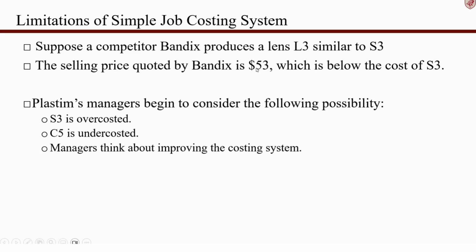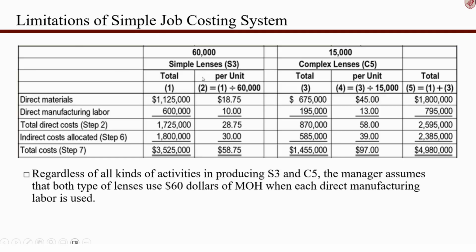And of course, from Plaston Corporation's perspective, they cannot charge customers below $58.75, otherwise they will lose profits. So they have to impose a price that is, at the minimum, $58.75 or greater.